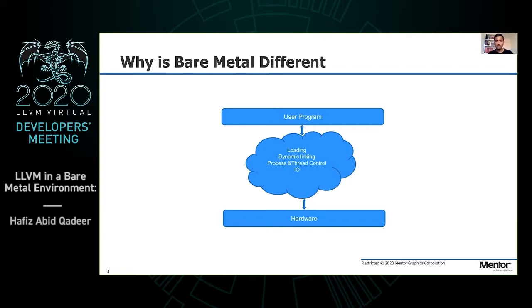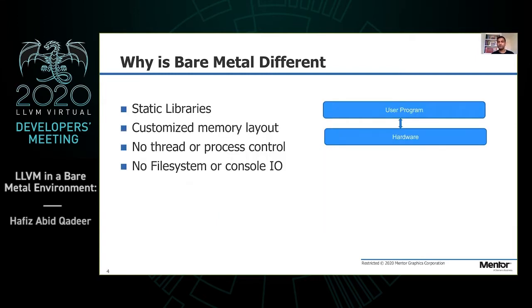But when we take the OS away and move on to a bare metal system, our program is in direct control of the hardware. But on the other side, some of the services that were previously provided by the OS are no longer available. We don't have dynamic linking, so we have to use static linking and link all of our code and libraries into one executable.